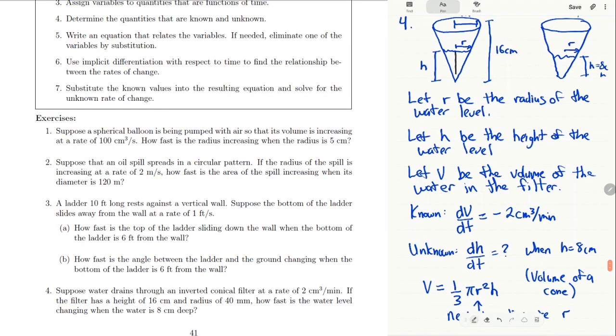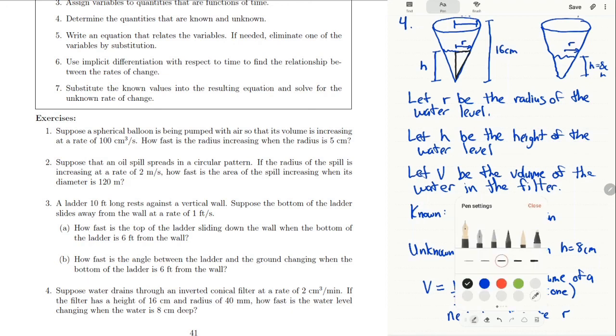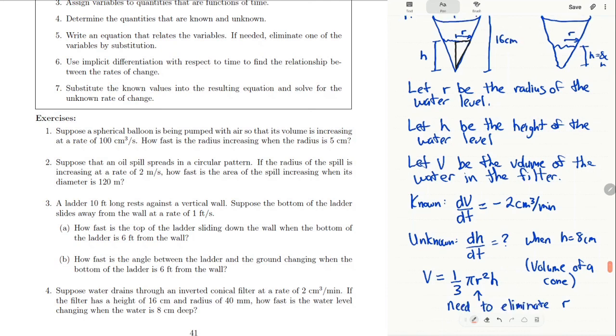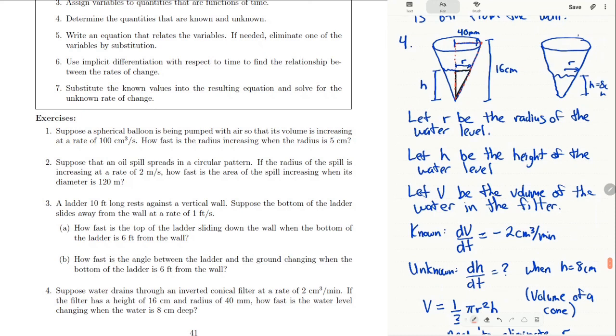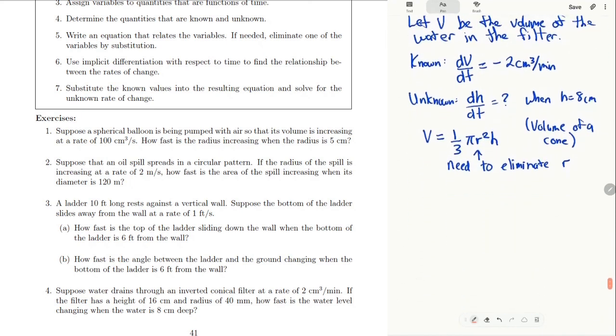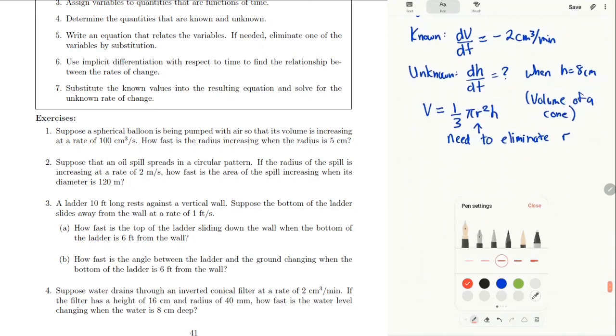So we have one triangle here, and there is a larger triangle from the cone. So let's draw these out so we can see what relationship we have between these two variables.